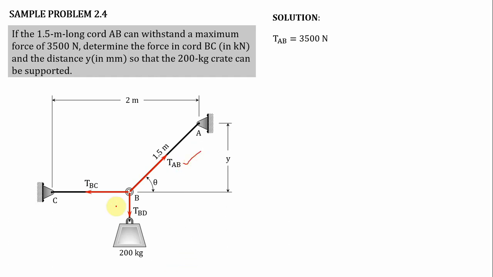We know that tension BD can be solved from this 200 kg mass. How many unknowns do we have? One, two. So we have two unknowns: theta and tension BC.